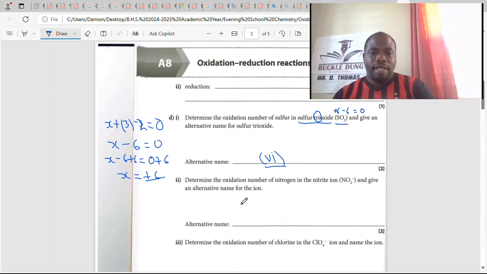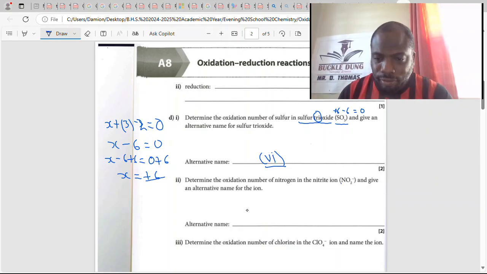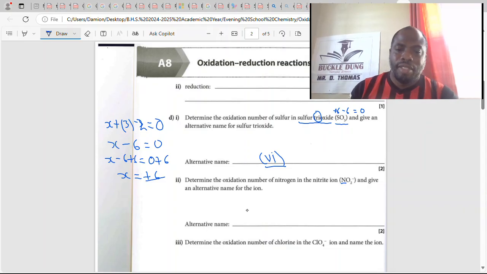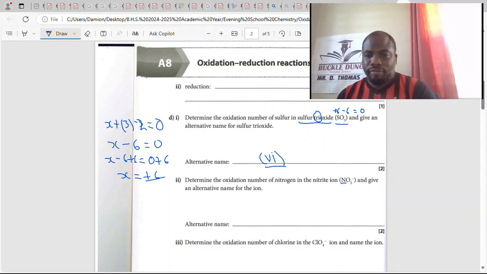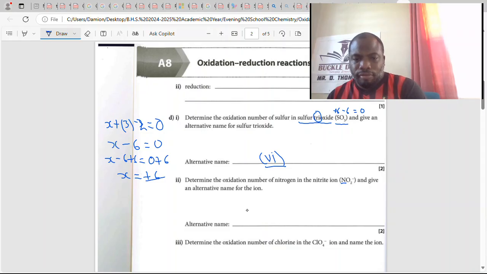It says, determine the oxidation number of nitrogen. See another problem, Yuta? Nitrogen. And give an alternative name for the ion. Ready?